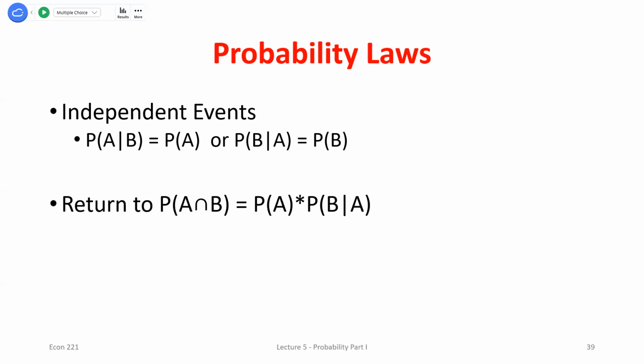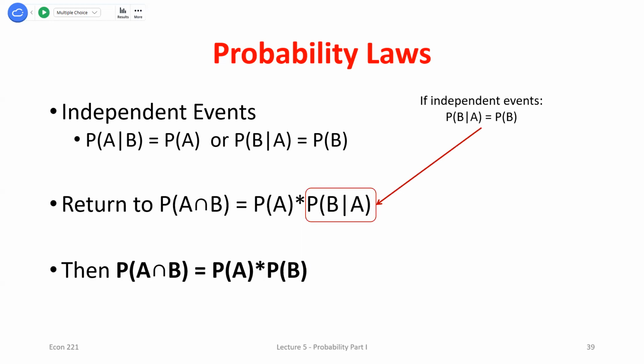Well, if they're independent, this conditional probability of B is the same as the unconditional probability of B. So if we have independent events, finding the intersection becomes a little bit easier: just take the probability of each event and multiply them. If this equality holds, we know they're independent. If it doesn't hold, we would say they're not independent.